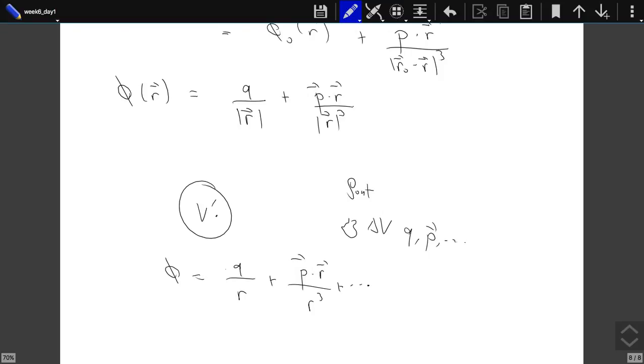Again, you see here this volume V, let's say, has this dipole moment P, and this is the R vector. Do you remember this expression?